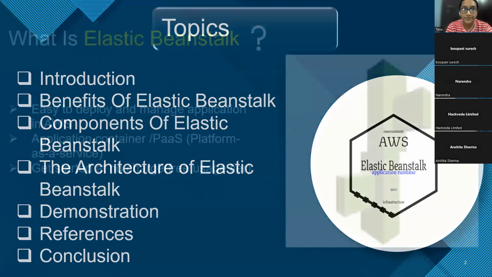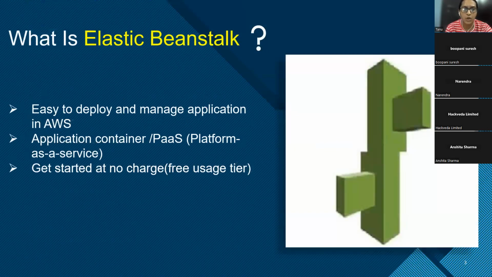Now, what is Elastic Beanstalk? Basically, Elastic Beanstalk is a platform that lets us deploy and manage web applications. We can see here that it is a platform as a service. Why is it called a platform as a service? Because here we do not have to configure or set up the infrastructure for the web application.